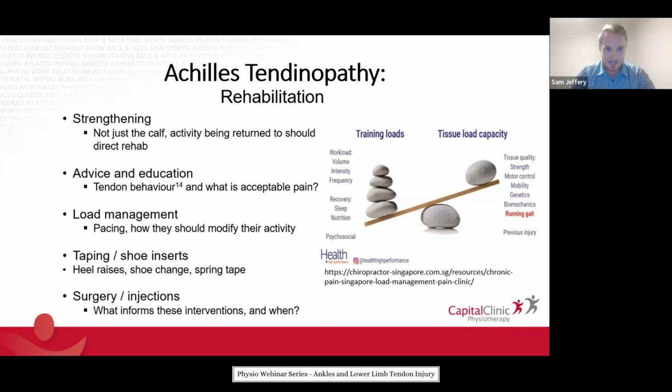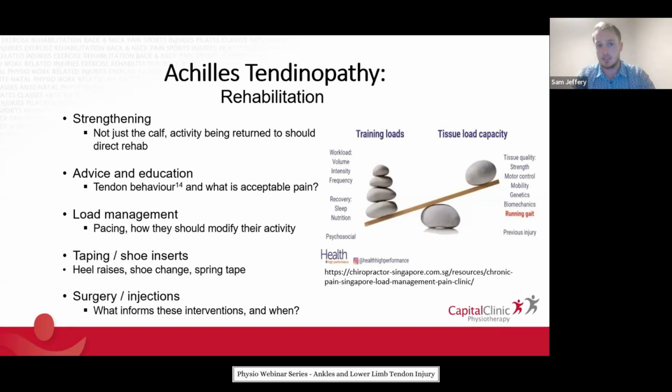Load management, again, is looking at modifying their activity, ideally not completely eliminating it, but that's not always the case, and we can potentially use something like taping and shoe inserts to allow them to continue doing their activity at a reduced rate. So something like a heel raise can be really effective for someone with Achilles tendon pain, because just raising that heel reduces the stretch on that Achilles, which can really help.